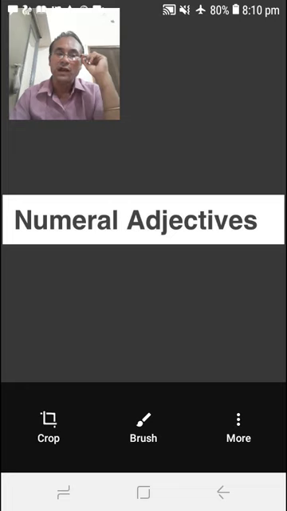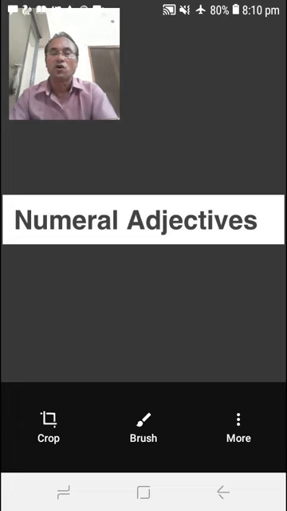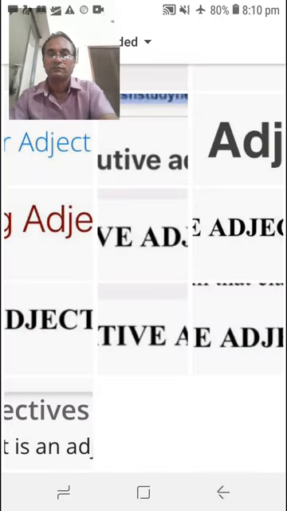I have got first rank, I have got second rank, I am having 3 books. So these are ordinal or cardinal numbers we are using. These are called adjectives of number or numeral adjectives.